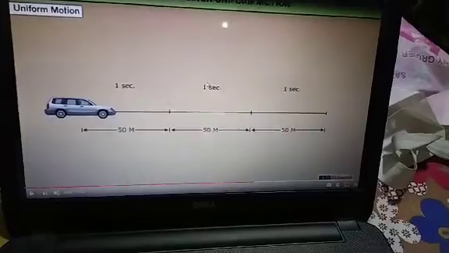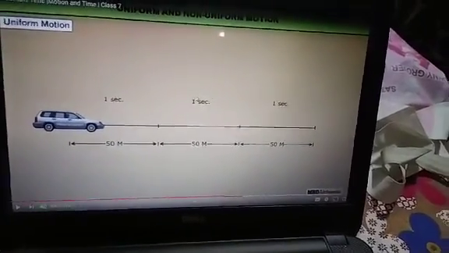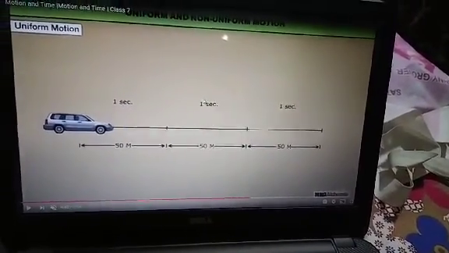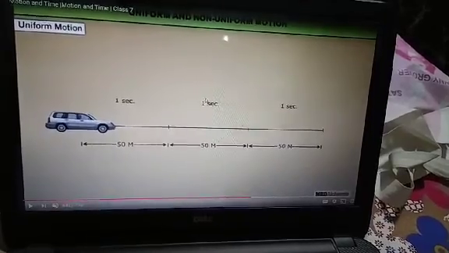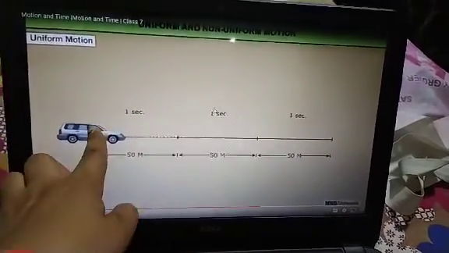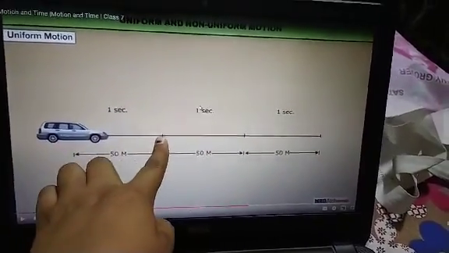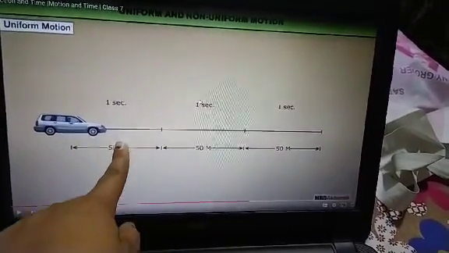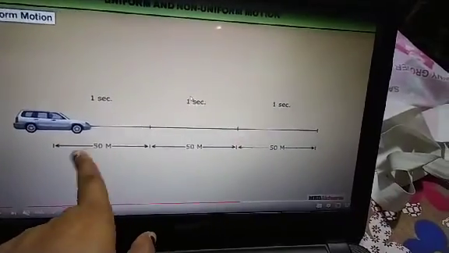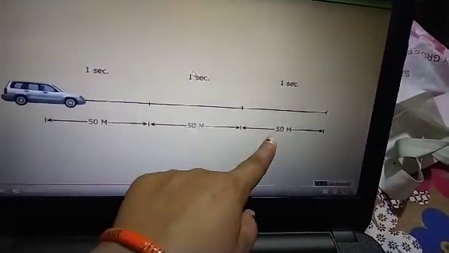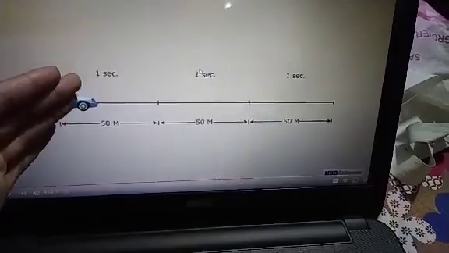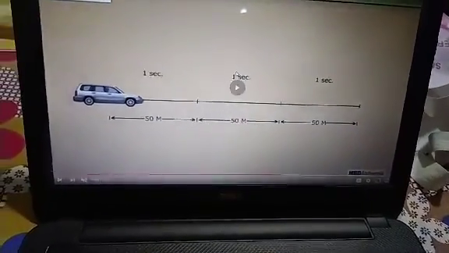Now the uniform motion, as I have also told you in my previous video about the uniform motion, right? Means covering equal distance in equal time, that is, after every second you can see here how much distance is covered: 50 kilometer, 50 kilometer, 50 kilometer. It means equal distance is covered in equal time.